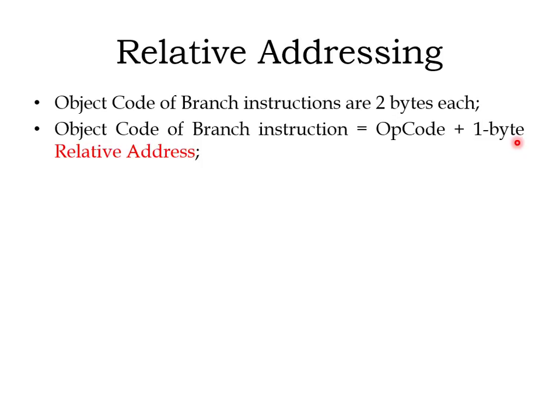So again, we'll be writing 2 different bytes, right? The first byte is your opcode, which is given in column 5. The second byte is an address that is called relative address. And interestingly, we actually have to calculate it.